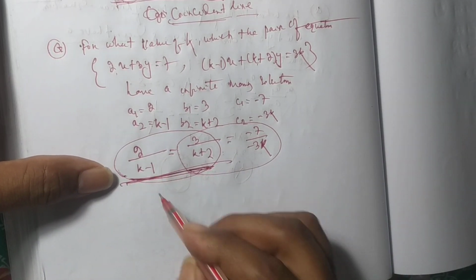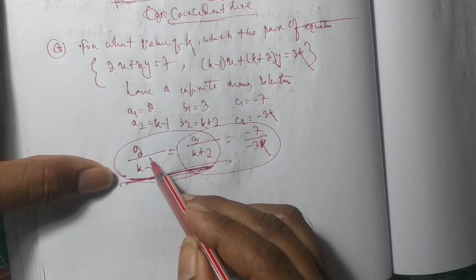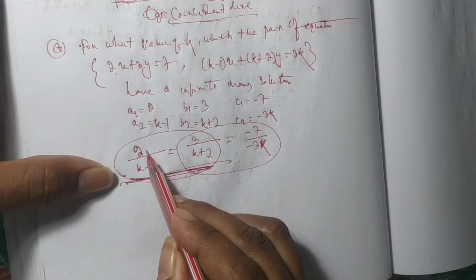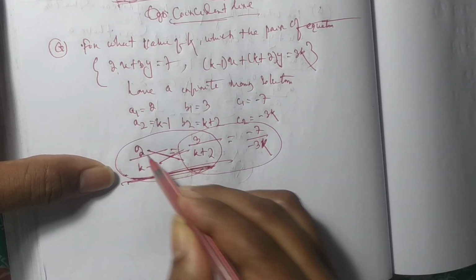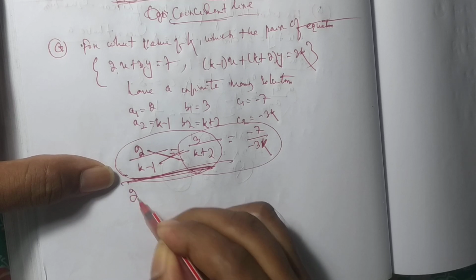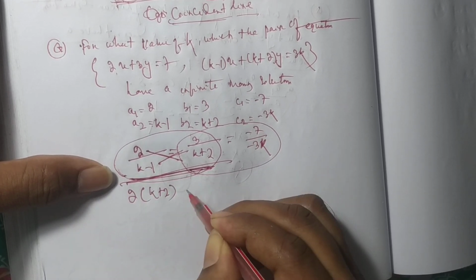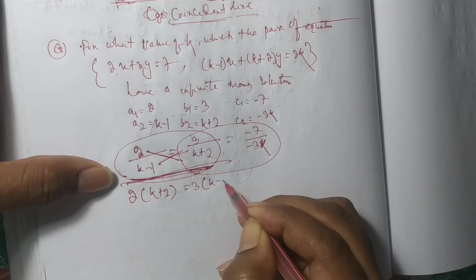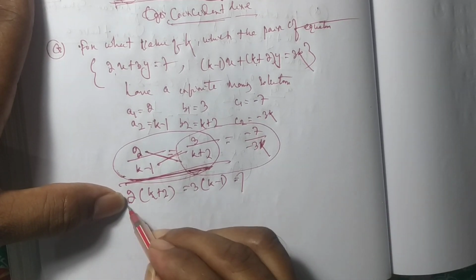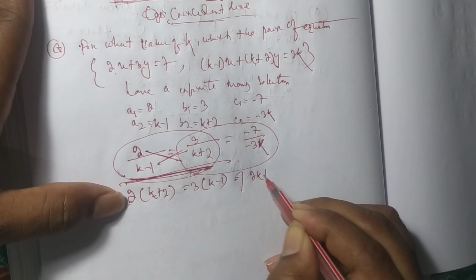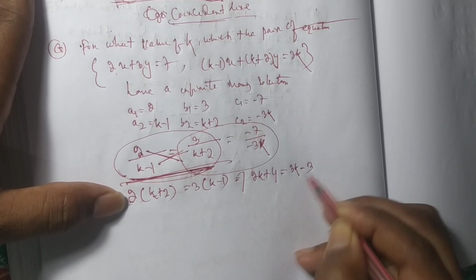See, 2 by k minus 1 equal to 3 by k plus 2. Now I will use the cross multiplication method. 2 into k plus 2 is equal to 3 into k minus 1. Then 2k plus 4 equal to 3k minus 3.